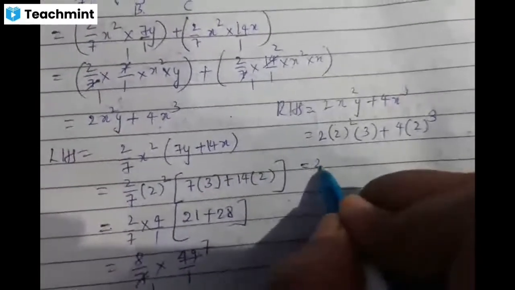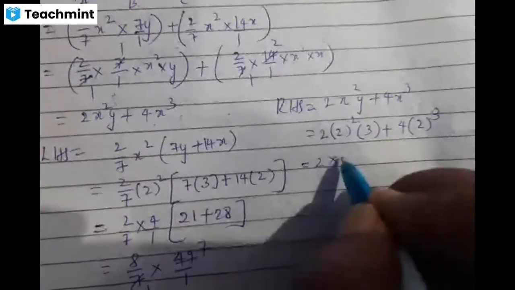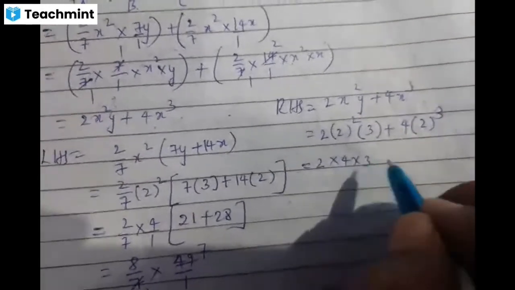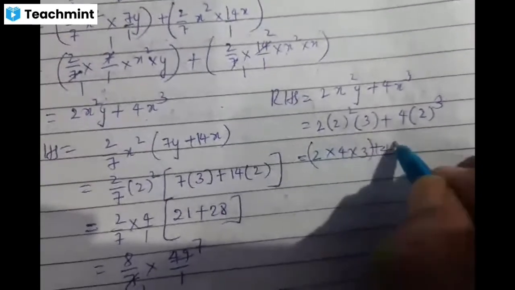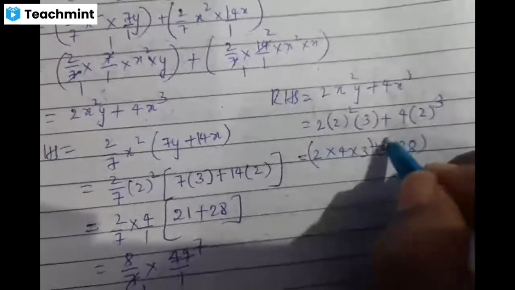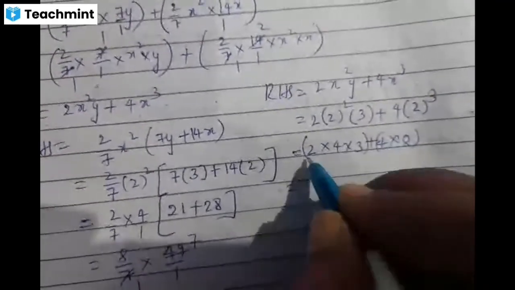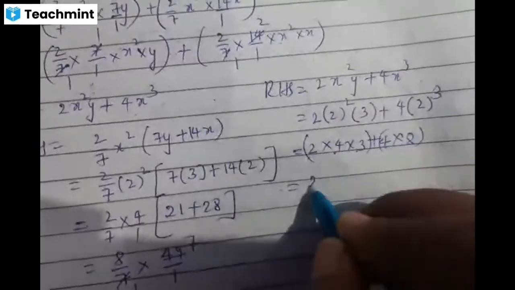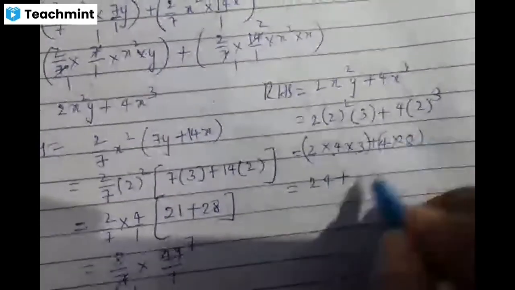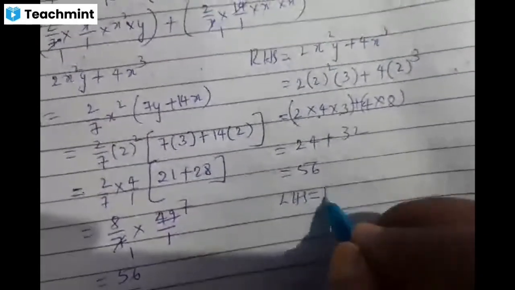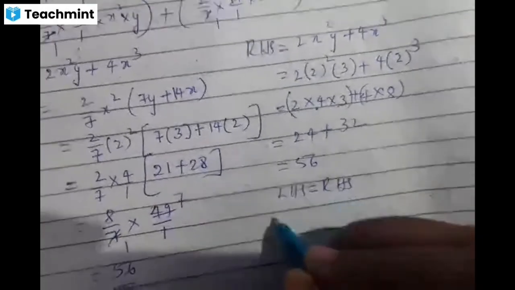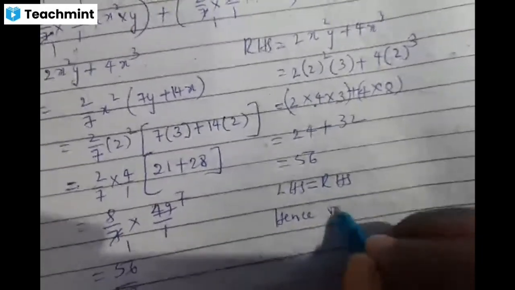Now remove the powers. 2 into 2 square is 4 into 3 plus 4 into 2 cube is 8, children. First you should multiply. 2 4s are 8, 3s are 24, and 4 8s are 32. 24 plus 32 is 56. Therefore, we can write LHS is equal to RHS. Hence, we have verified.